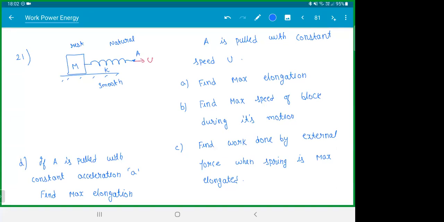Did everyone try this homework question here? Any answers for this? Others, you need to keep your cams on.